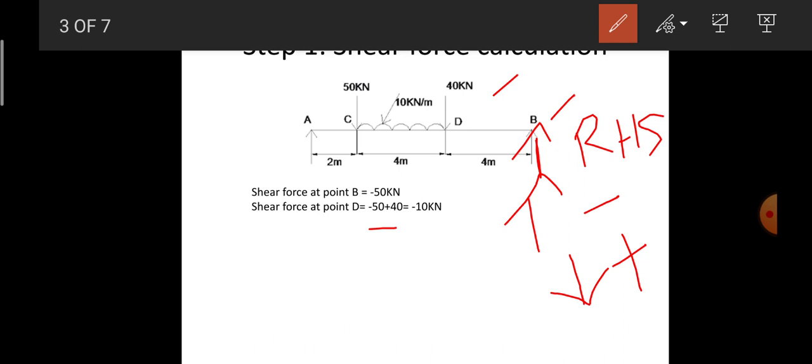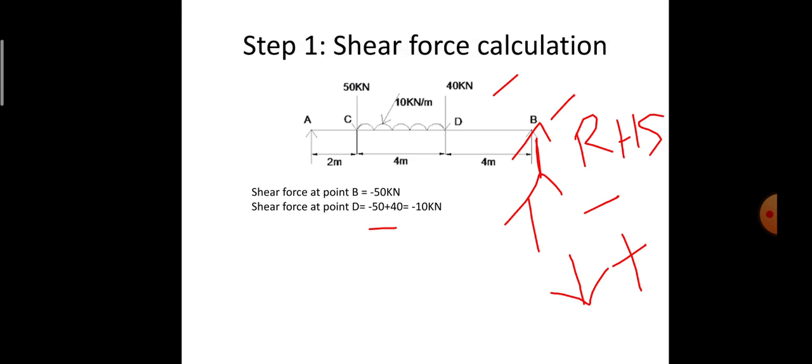Since RB is acting in upward direction, right hand side upward force is considered negative, and the 40 which is acting at point D is directed downward, so right hand side downward force is considered positive. So it is minus 50 plus 40, which is equal to minus 10 kilonewton. The overall shear force at point D is minus 10 kilonewton.